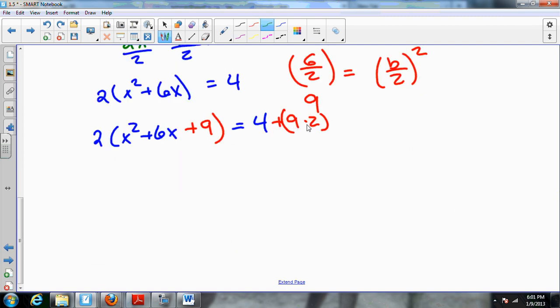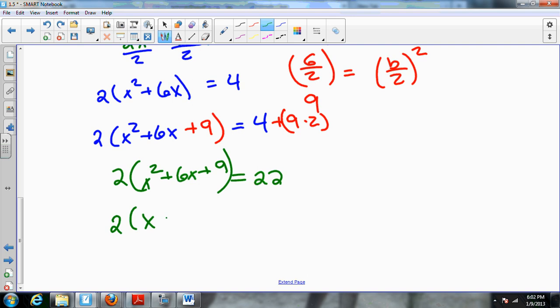So the right hand side, 9 times 2 is 18, plus 4 is 22, equals x squared plus 6x plus 9, and it's all multiplying by 2. So this breaks down to 2 times x plus 3 quantity squared equals 22.